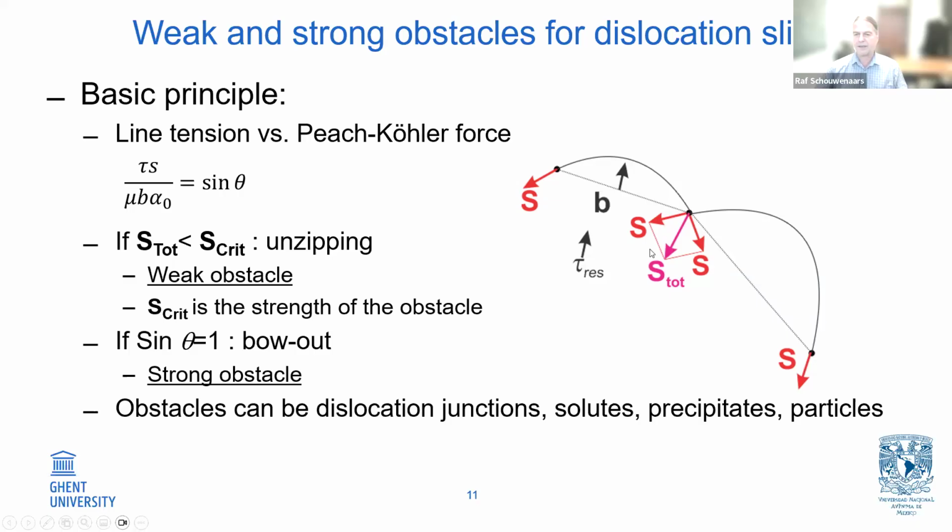And we see that if the dislocation can escape this point, that means if there is a critical strength at which the dislocation can escape, then we call it unzipping. And then we have a weak obstacle with a strength defined as the critical total line tension. But if sine theta is 1, then sine theta can no longer grow, that's the maximum value, then the dislocation will bow out in a fashion similar to what is described in the Frank-Read source.